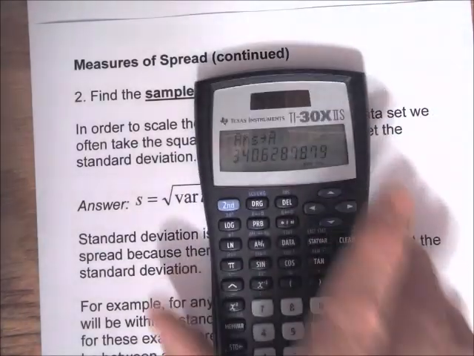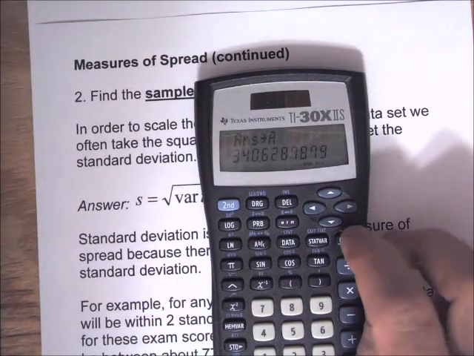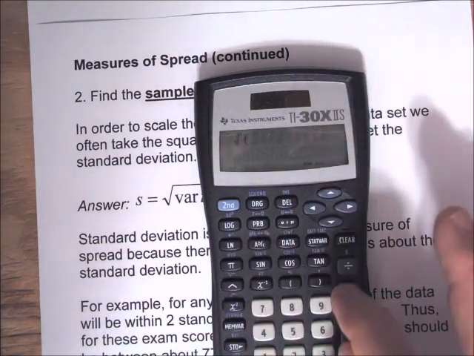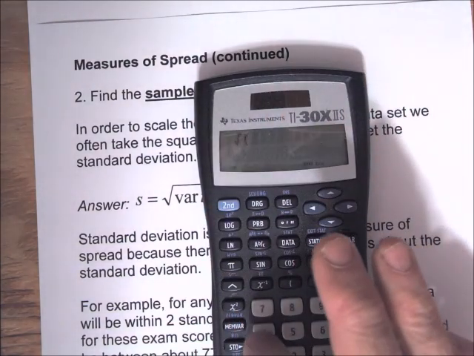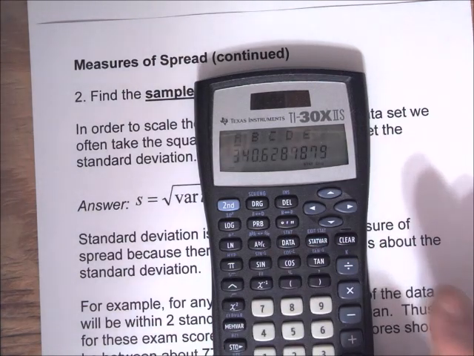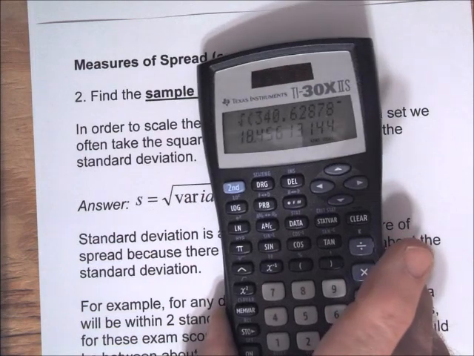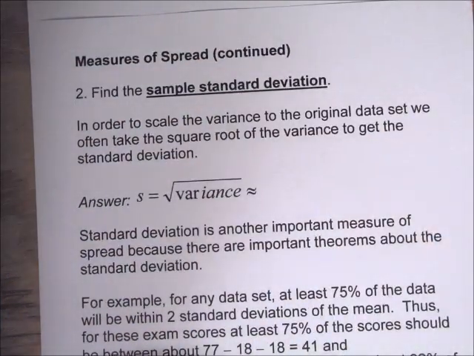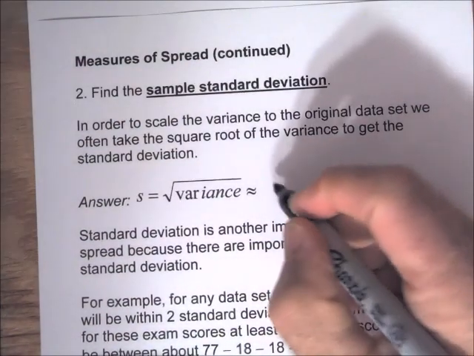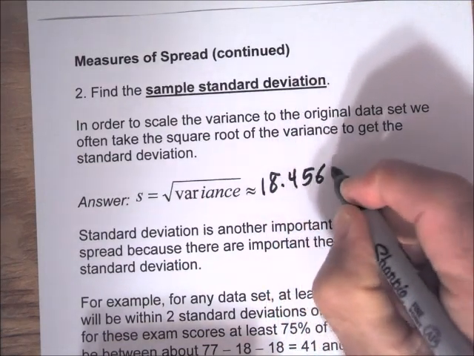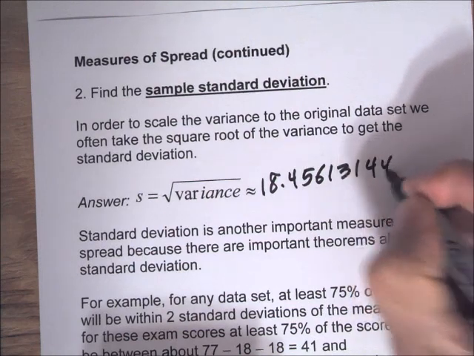So I'm going to clear this out and do second square root and then second recall, and it equals, and I get 18.456 something. 18.456131144.